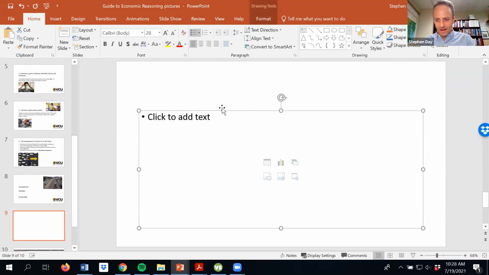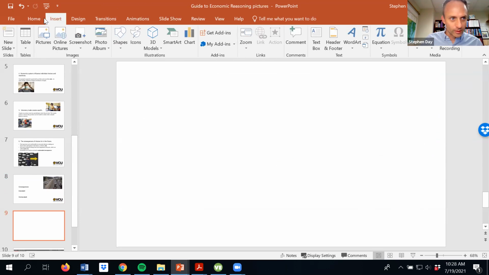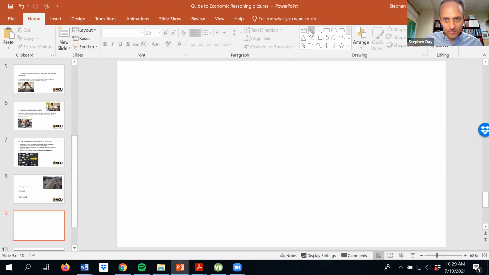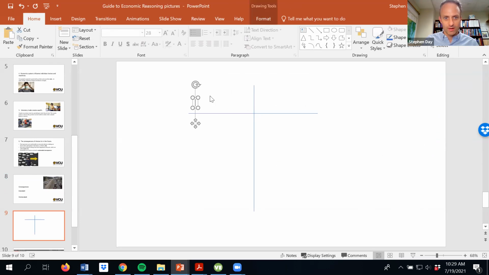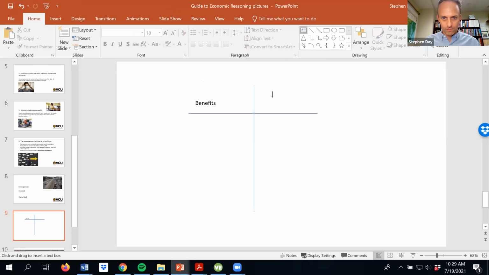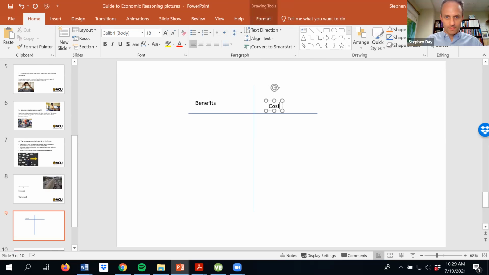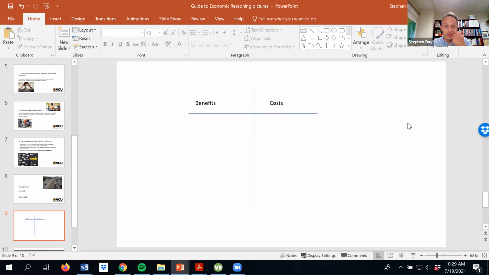A cost and benefit analysis is really pretty straightforward in that all it takes is a T-chart like this. And this is your most basic decision-making model. I have other pre-made ones, where you have costs on one side and benefits on the other.